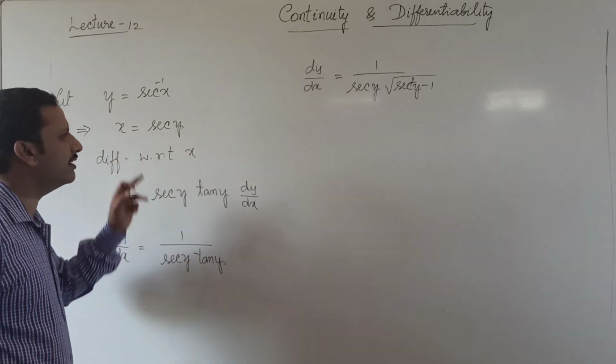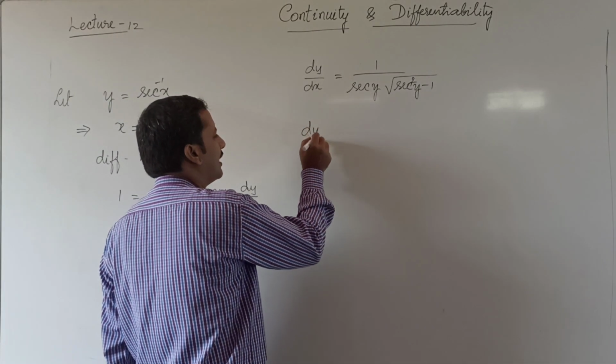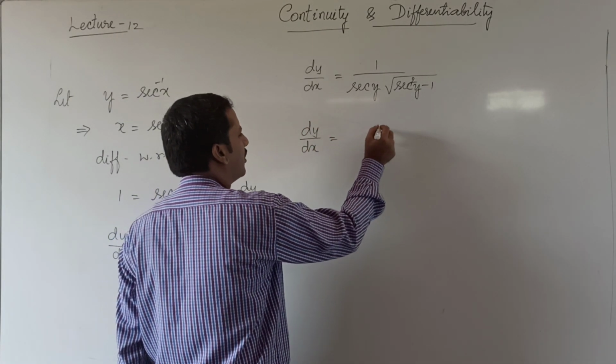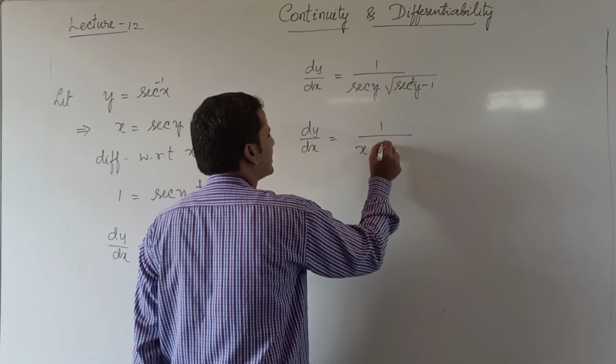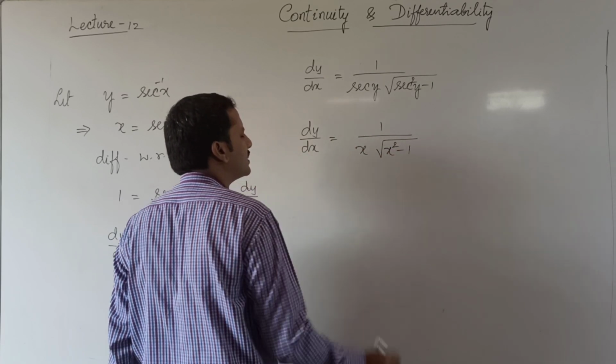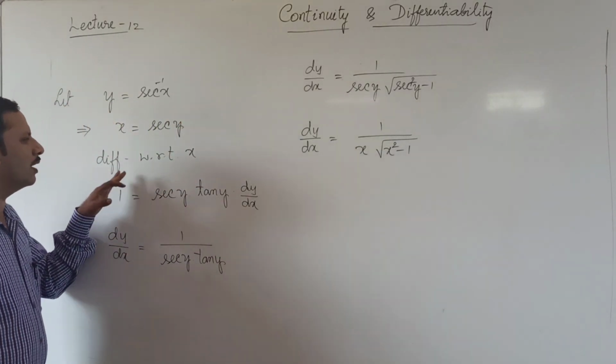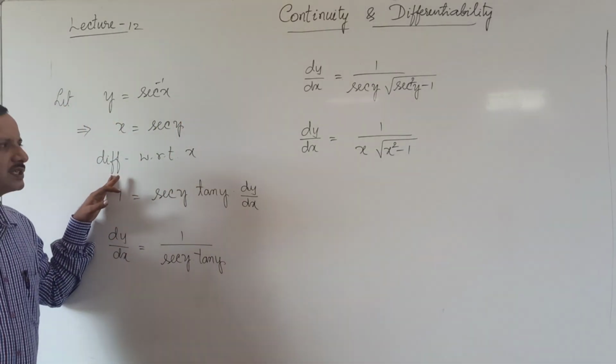What is secant y? Secant y is equal to x. So I will write dy by dx is equal to 1 by x into root of x square minus 1.